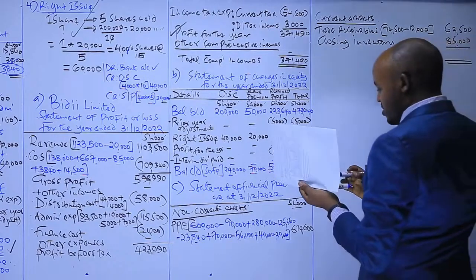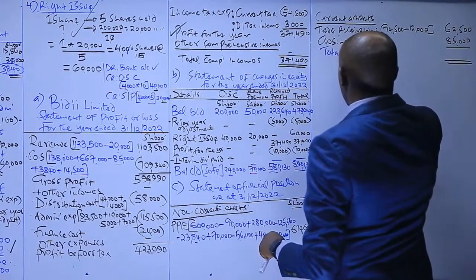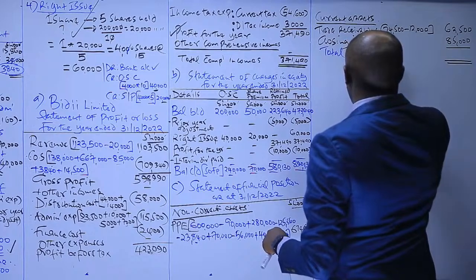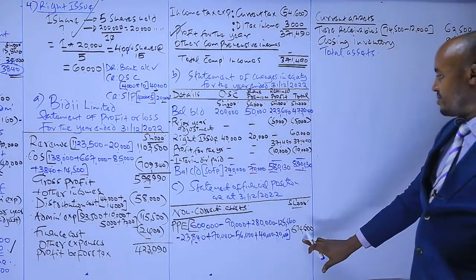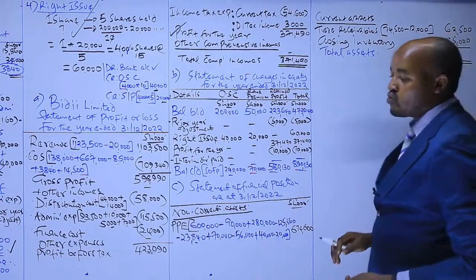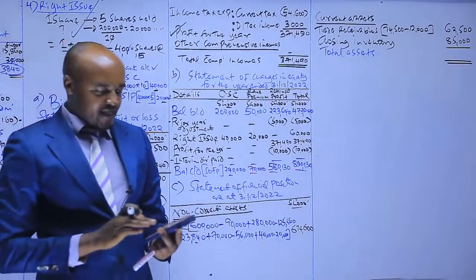So what we need to do now is to get the total assets. Let's add these particular items: PPE, and then the 2 items of current assets.